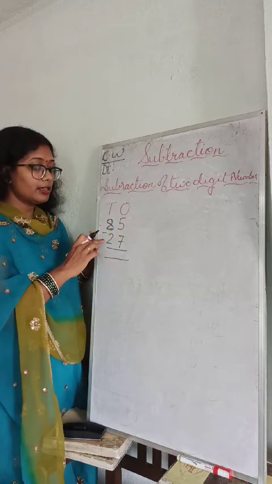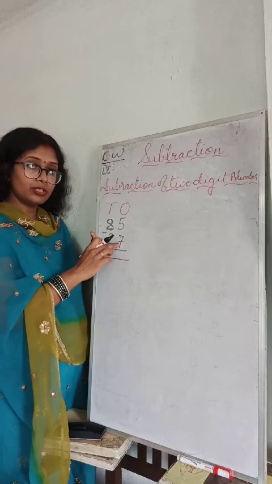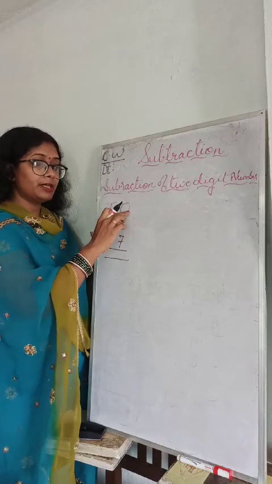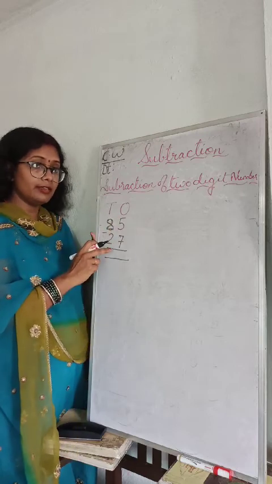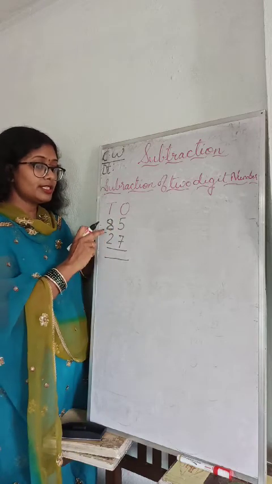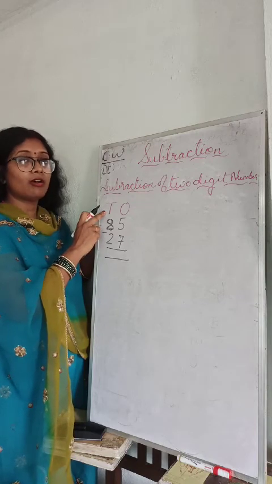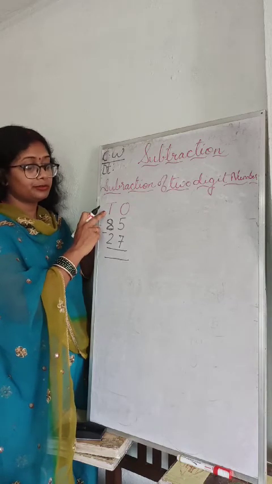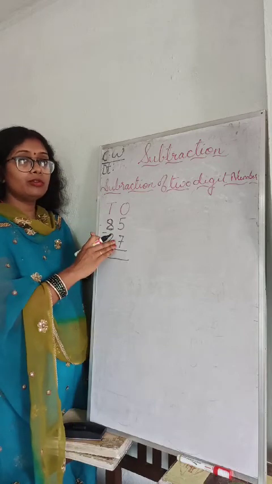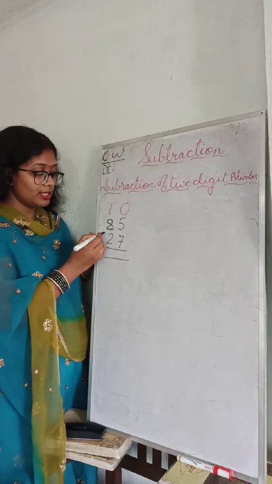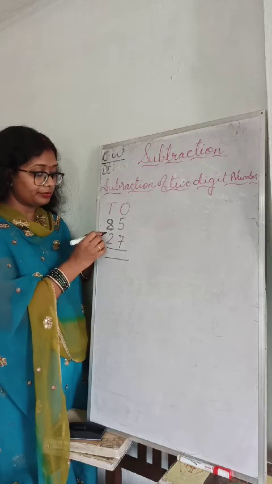In the same way, 27 is also a two-digit number where 7 is at the ones place, that means 7. And 2 is at the tens place, that means 2 tens or 20. What you have to do now, as the question says, can you see here there is a subtraction mark?